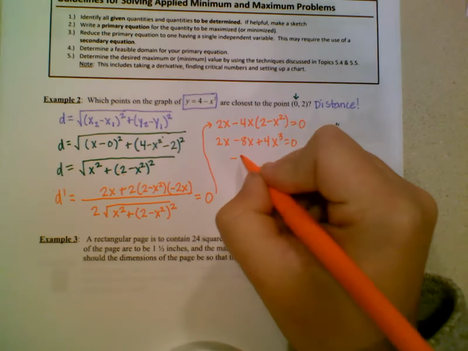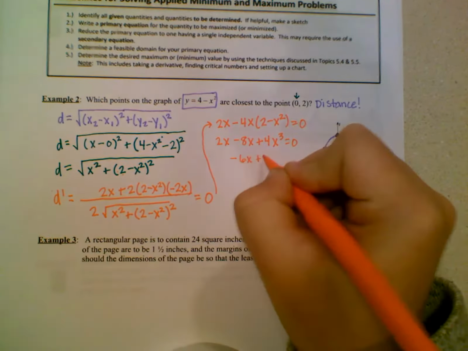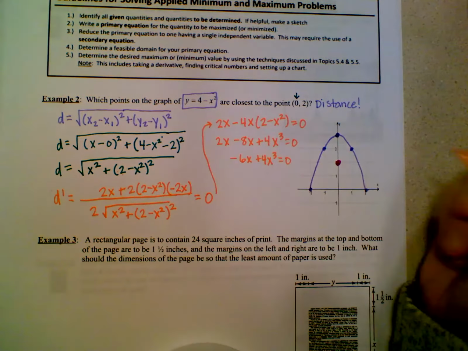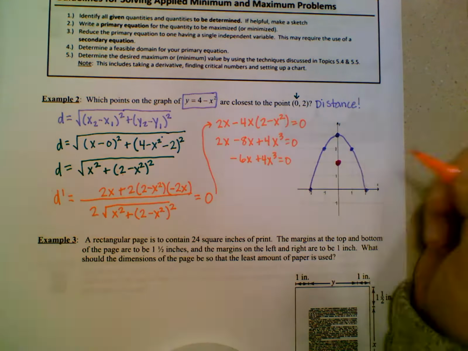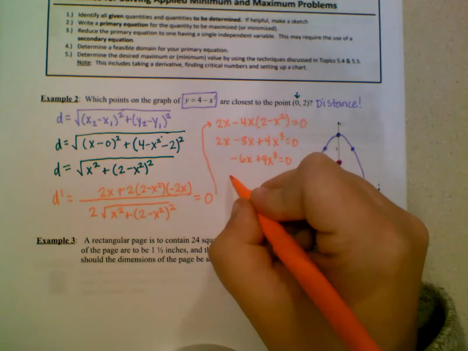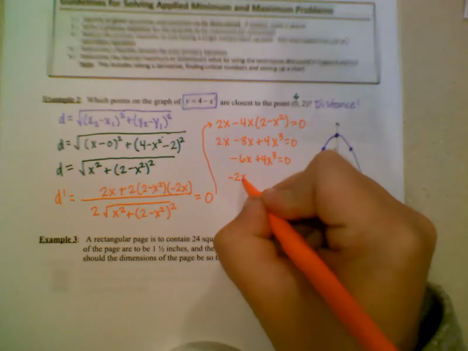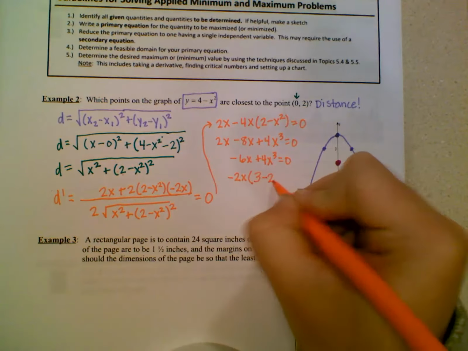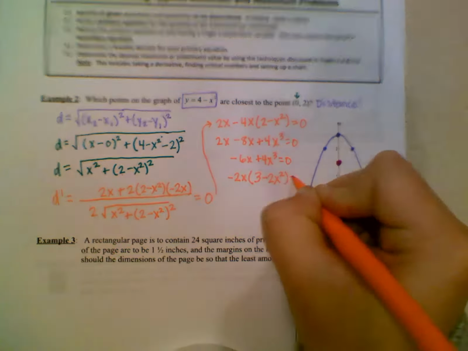Combine like terms, that would be minus 6x plus 4x cubed equals 0. There's a GCF here that will help me solve. I can take out a negative 2x. So that would leave me with 3 minus 2x squared equal to 0.